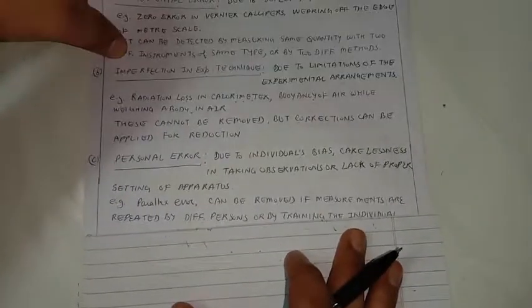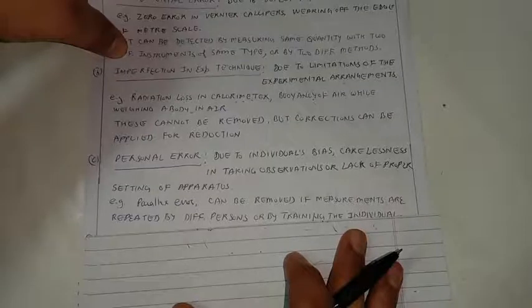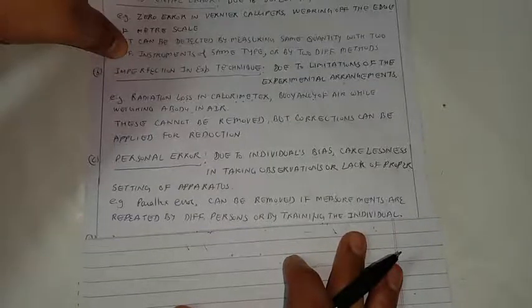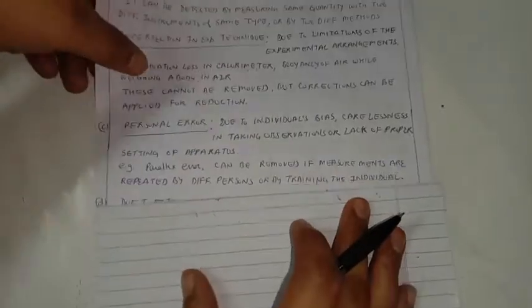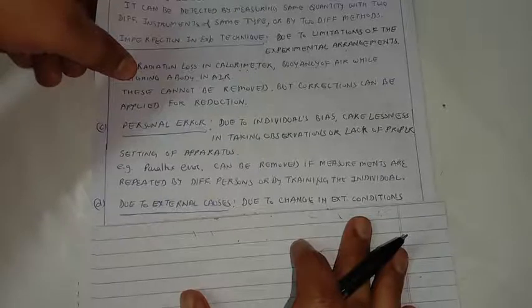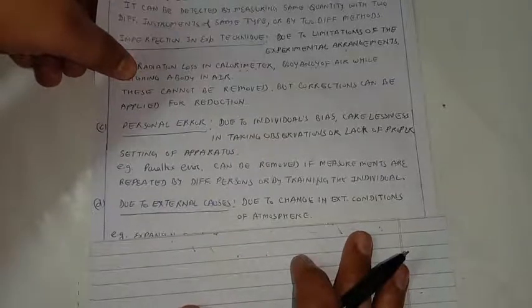For example, parallax error. These types of error can be removed if the measurements are repeated by a different person or by a trained individual.